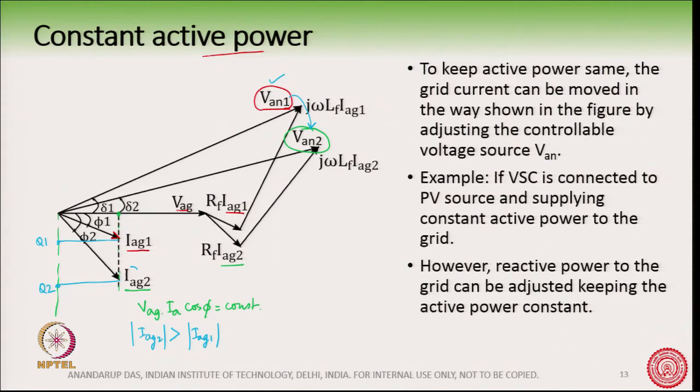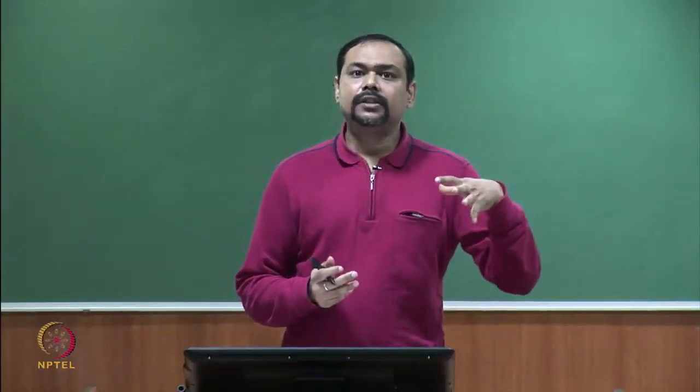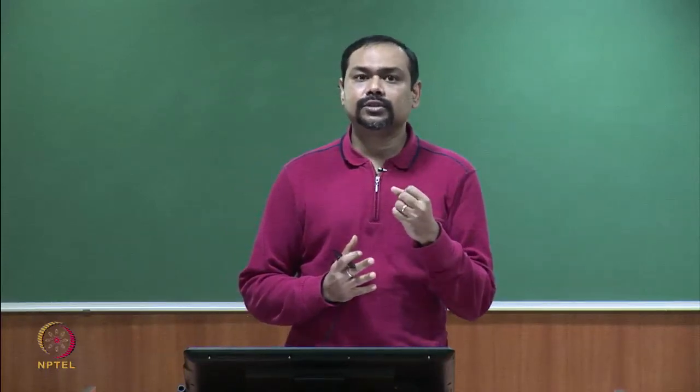So, when do we use this, for example? Suppose the voltage source converter on the DC bus is connected to a PV source, and the PV power is constant. But now, you are asking the voltage source converter to support the grid in terms of reactive power.